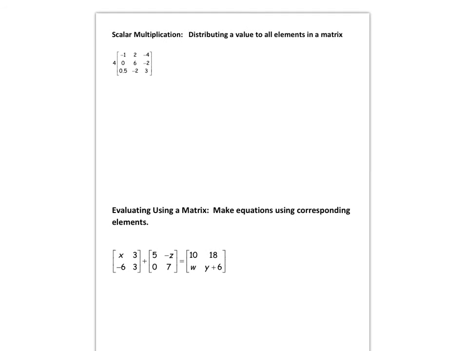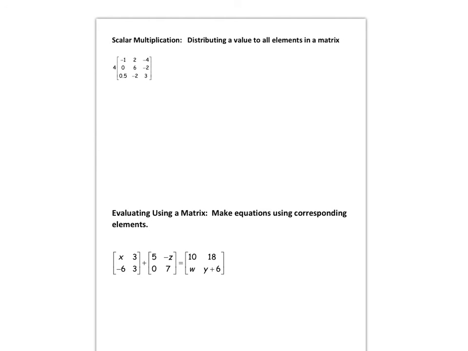Okay, there's one more type of operation to deal with today, and that is scalar multiplication. Scalar multiplication is when you scale the matrix, multiply the matrix by a value. So we have a 4 times this matrix, and what that means is I need to distribute that 4 to every element in the matrix.